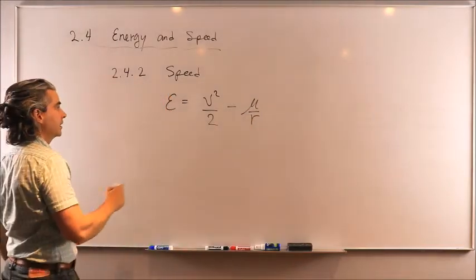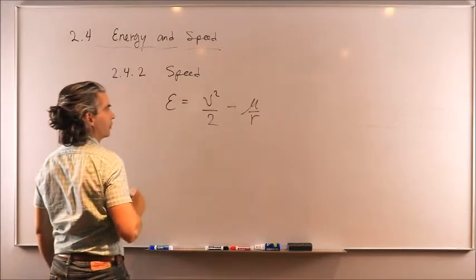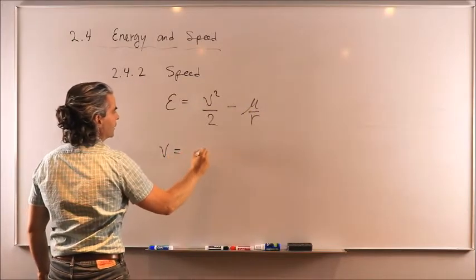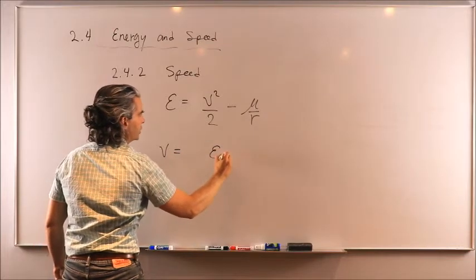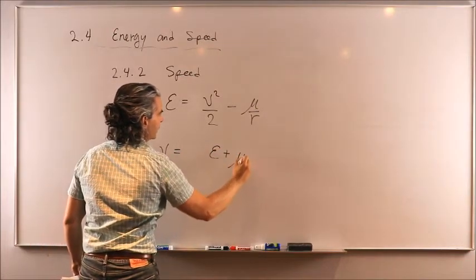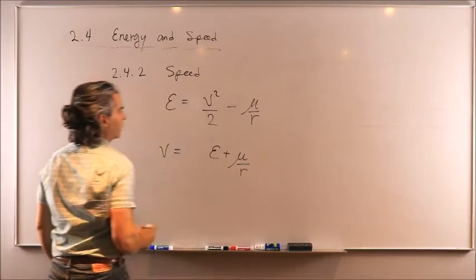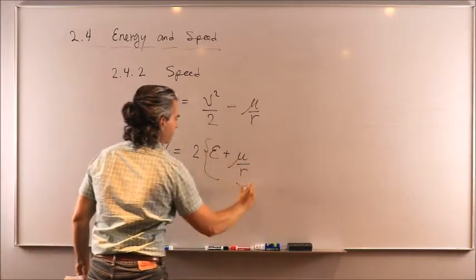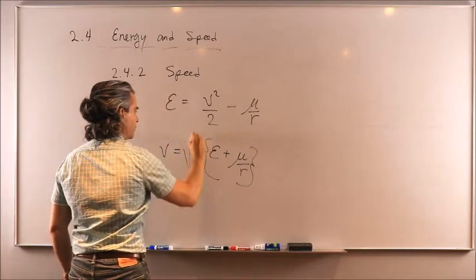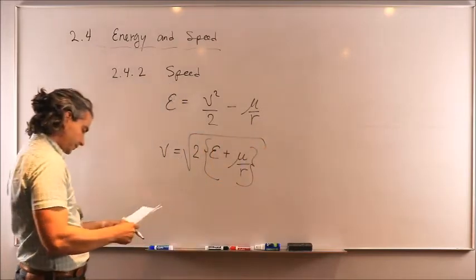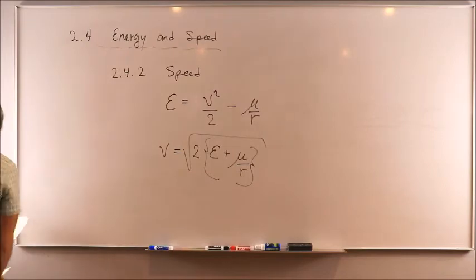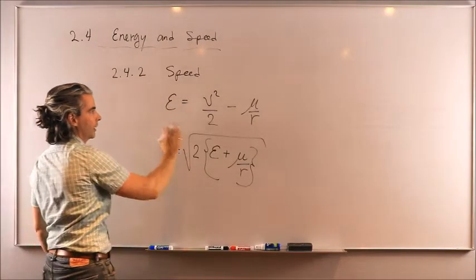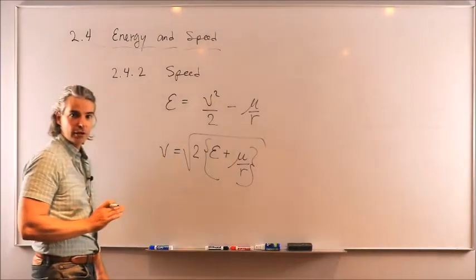Well, what we can do with this is solve that expression for the orbital speed, which will become orbital speed equal to the square root of 2 times the orbital energy plus mu over r. Okay? I've just solved the orbital energy equation for the speed, essentially.